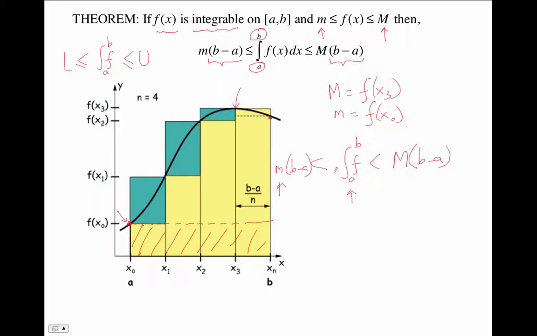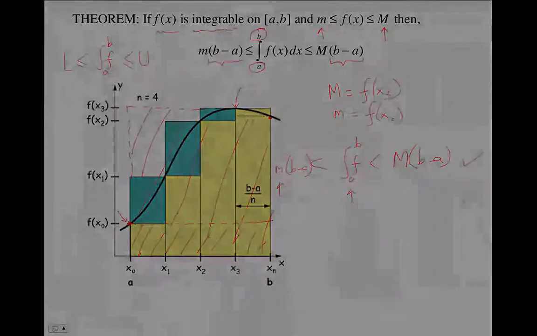And clearly that area is less than M times b minus a, and it's bigger than m times b minus a, which is, of course, just this area. So all the area that is over here, that's m times b minus a. So this theorem is actually very obvious, but it's helpful for us to prove the next theorem.